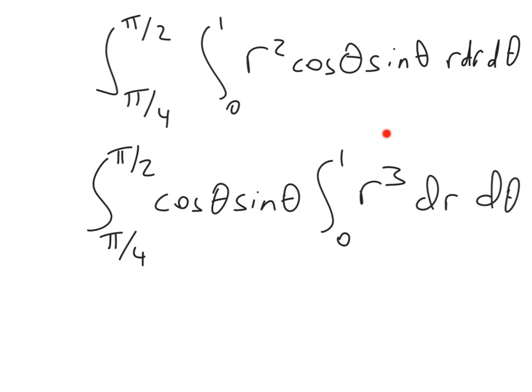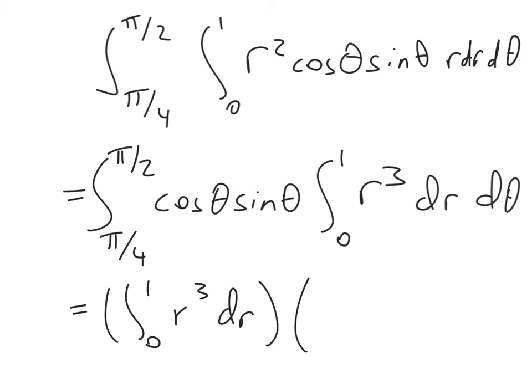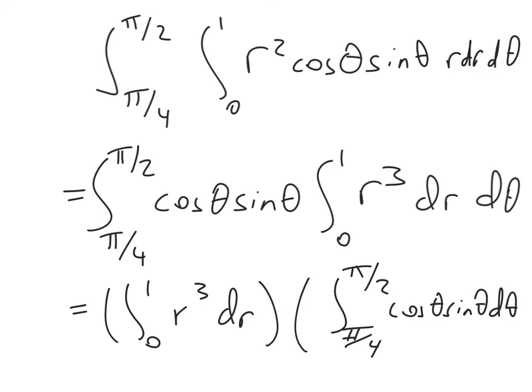This integral is in terms of r, and once we finish doing it, the bounds don't depend on theta, so once we finish taking this integral, we're just going to have a number here, and that means that in terms of theta, this integral is a constant, and so we can pull it out of the theta integral, and so we get the integral from 0 to 1 of r cubed dr times the integral from pi over 4 to pi over 2 cosine theta sine theta d theta.